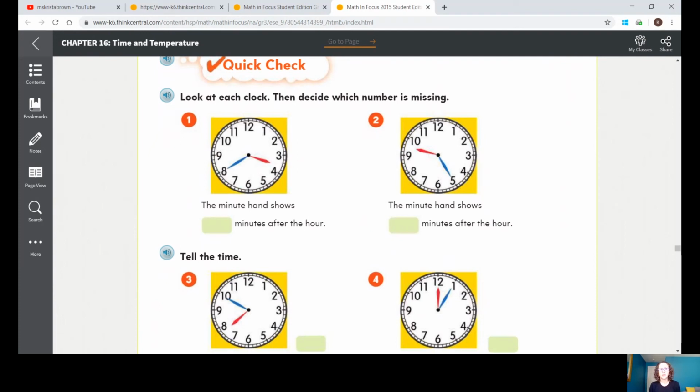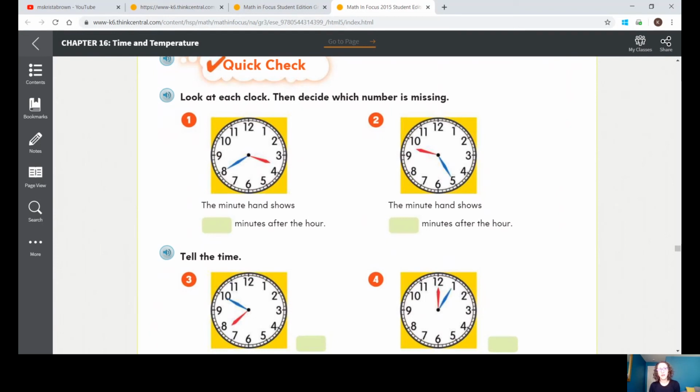That would be 40 minutes. Remember the longer hand, which on this page is the blue hand, and then the hour hand, that's the shorter one, and it's the red one.